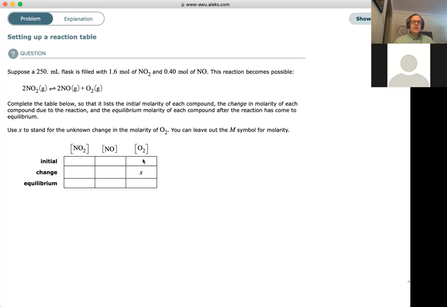Then a little calculation of the change. Now it's actually telling you a little bit about the change here. And then we're going to write out what the expression for the equilibrium is as well. So we're not really doing the numerical analysis here. We're just setting up the table.